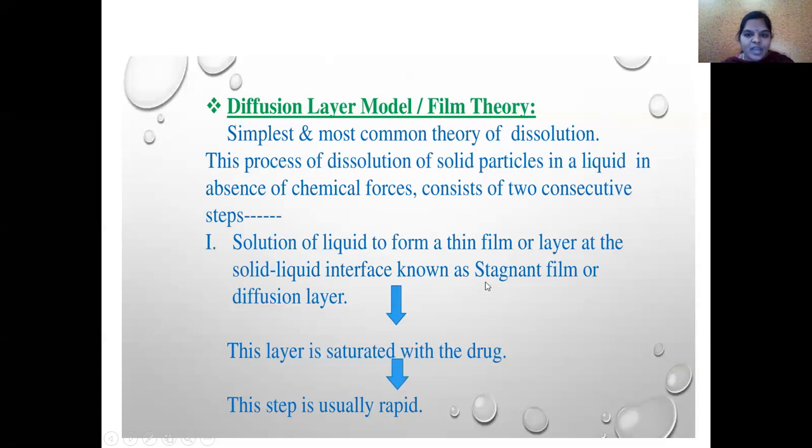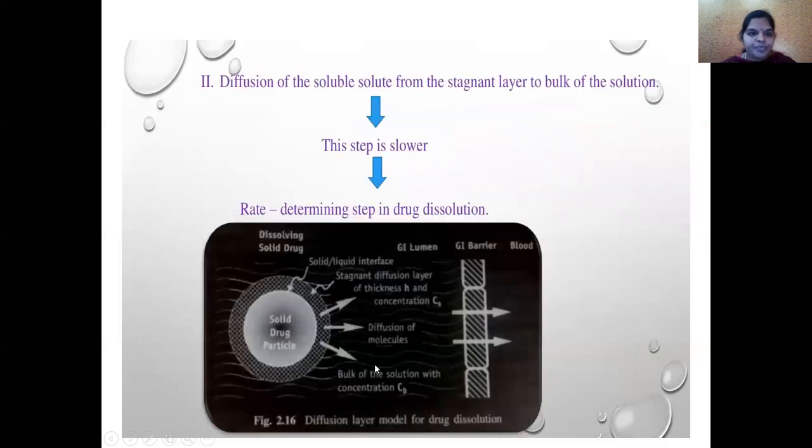You have to remember this: at the solid liquid interface, there is a formation of a stagnant film or diffusion layer in the diffusion layer model or film theory. Then this layer will be saturated with the drug, and this step is usually rapid.